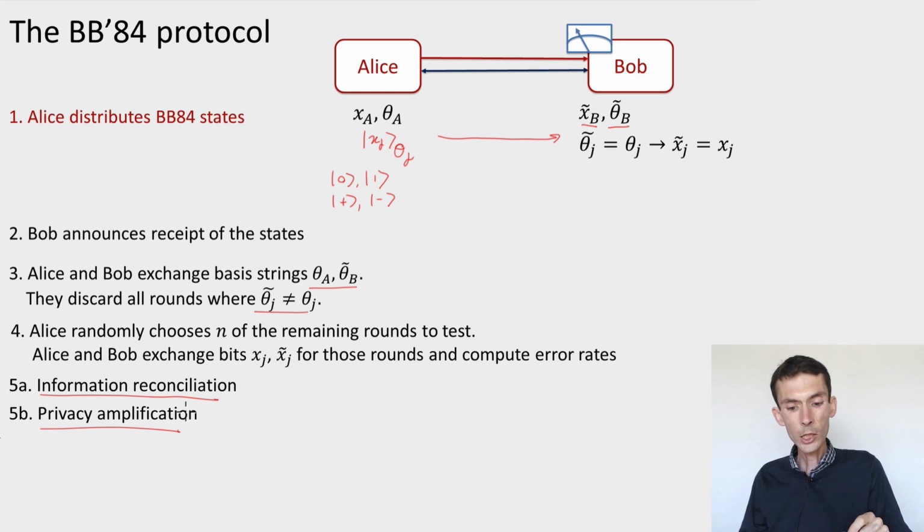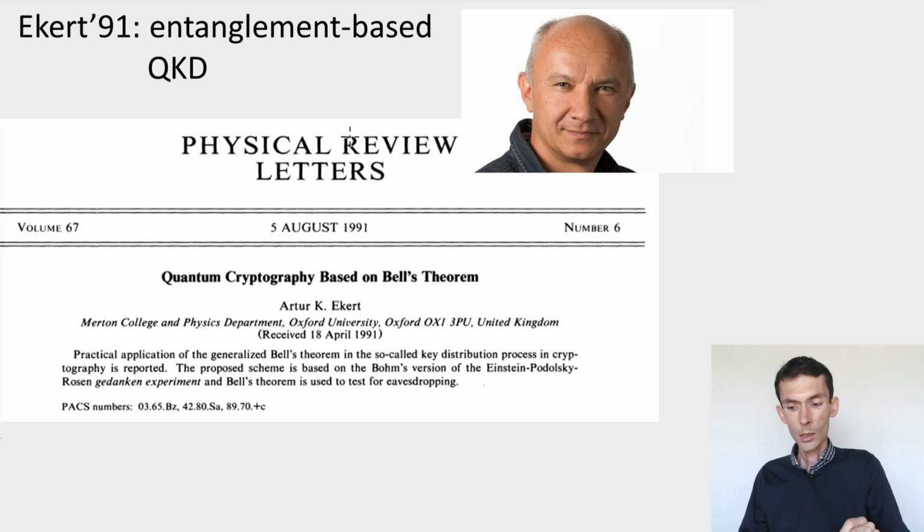So the modification that we're going to make to the protocol was suggested by a different protocol for doing key distribution proposed by Ekert in '91. So this is Artur Ekert here, and I copied for you the title and the abstract of his '91 paper, and you can pause and read this abstract if you'd like. What's important for us is that it mentions Bell's theorem that we saw. And Bell's theorem is all about checking non-local correlations and verifying entanglement.